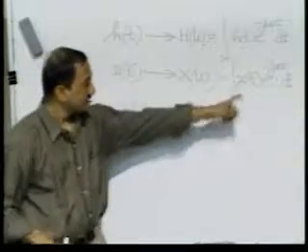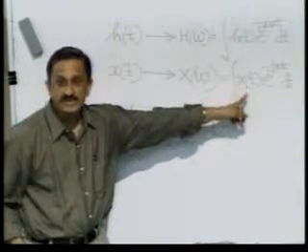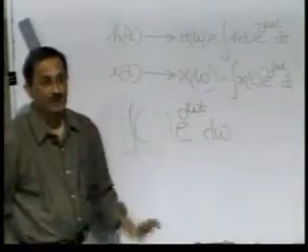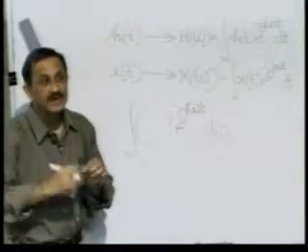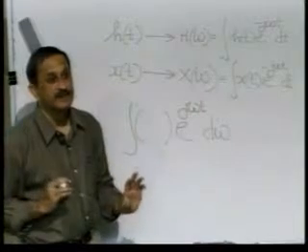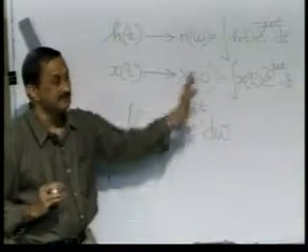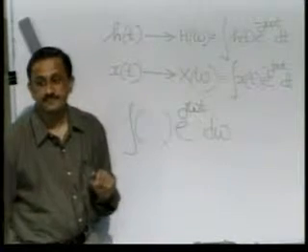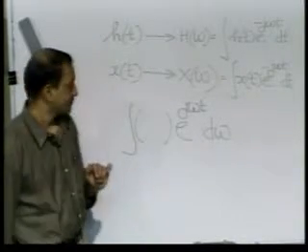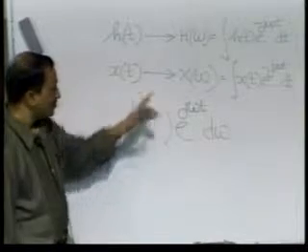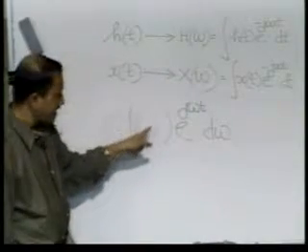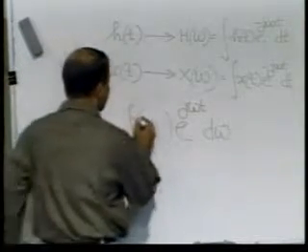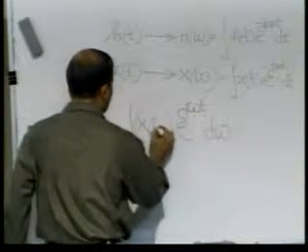So, this is a projection of xt in the direction omega, or along the vector e raised to the power j omega t for each omega. It is a function of omega. So, we expect that x omega would come in here.